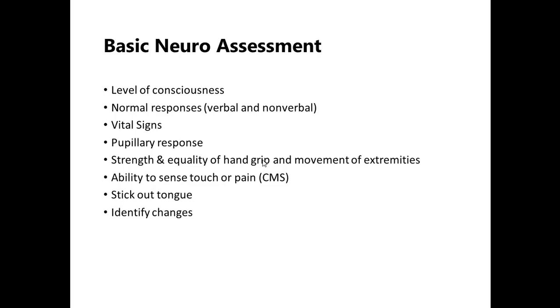A 3 out of 5, there's movement possible against gravity, but not if you, as the person who's assessing, hold their extremity and have them lift their leg against my hand. 4 out of 5 is movement possible against some resistance by you or the examiner, and then 5 out of 5 is normal strength. So make sure you guys are doing those when you're doing your assessments, because it will make all the difference in the world.